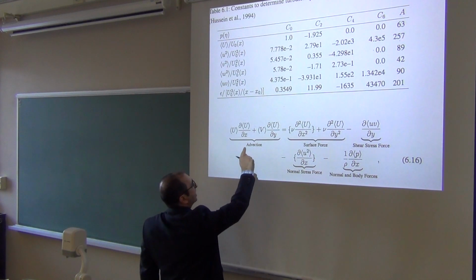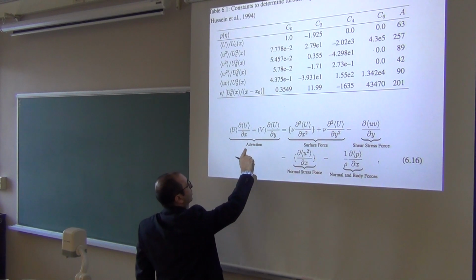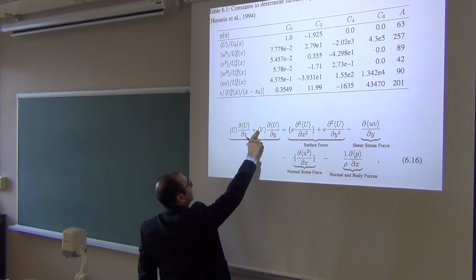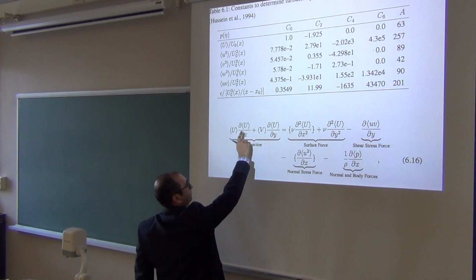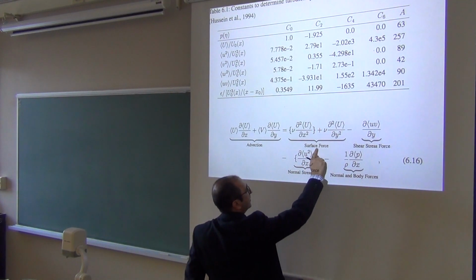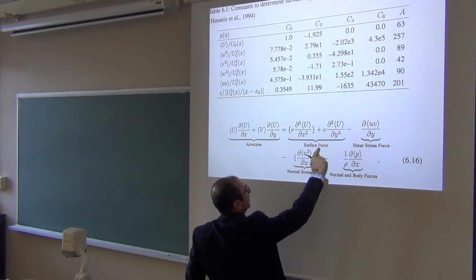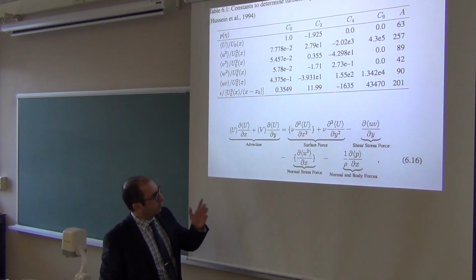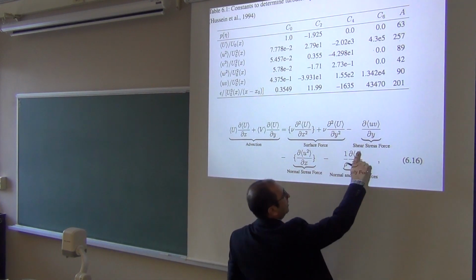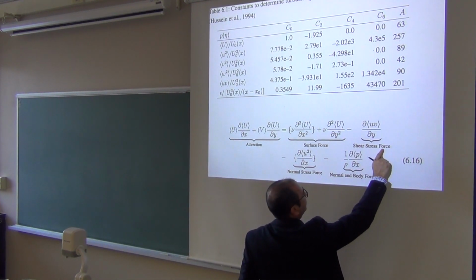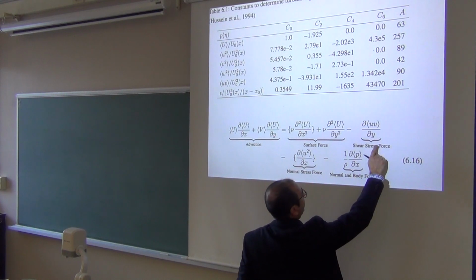So here you see the advection term in the transport equation. That's where these u and v come. You see the surface forces. These are basically viscous forces applying to the faces of the control volume. The shear stress force, that was a component of the Reynolds stress tensor, right?